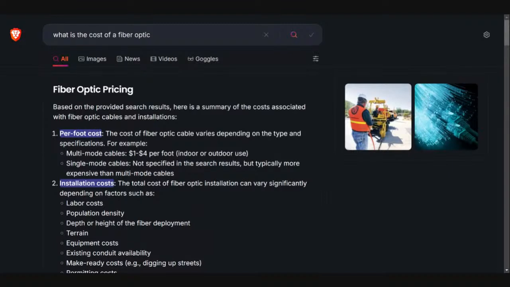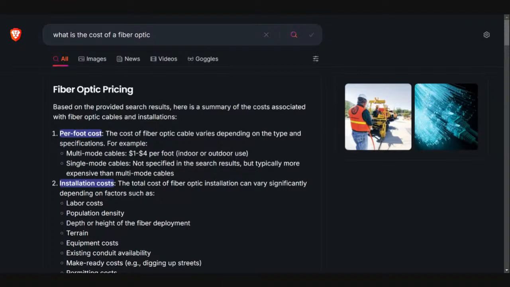The cost of fiber optic cable varies depending on the type. Multi-mode is $1 to $4 per foot, indoor or outdoor use. Single mode cable, not specified in the search result, but typically more expensive than multi-mode.